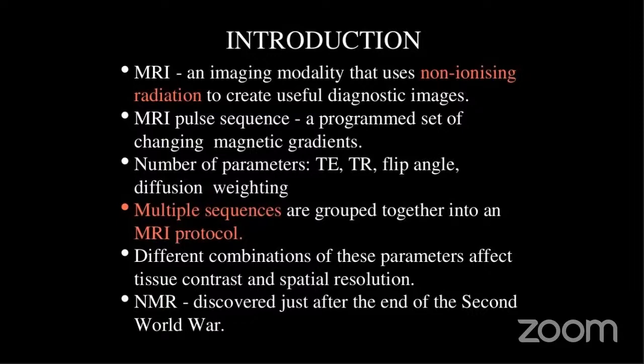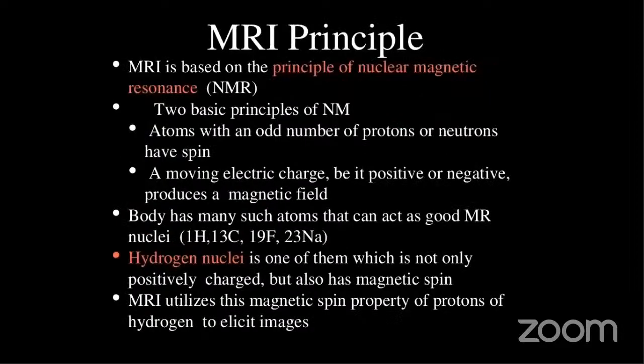NMR, the nuclear magnetic resonance, was discovered just after the end of the Second World War. We're not getting into the depth of the history either. MRI is based on the principle of nuclear magnetic resonance. Two basic principles: atoms with an odd number of protons or neutrons have a spin, and a moving electric charge, be it positive or negative, always produces a magnetic field.